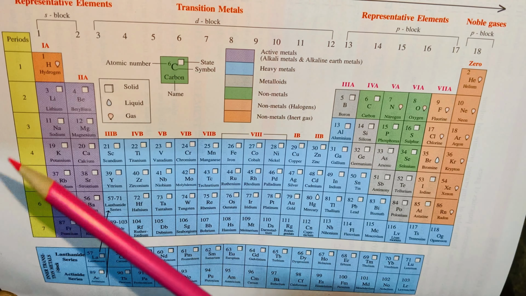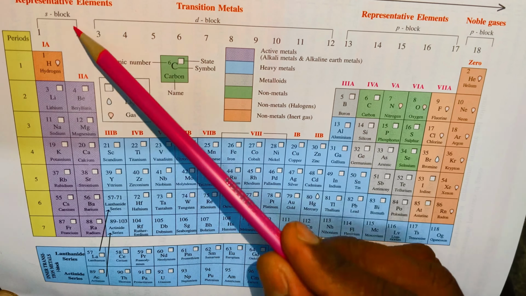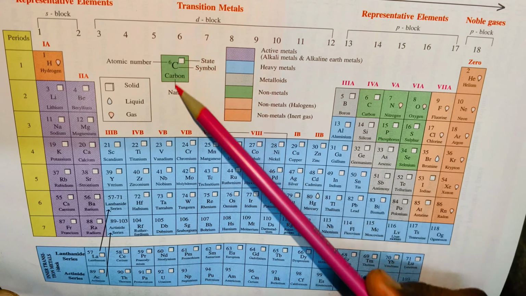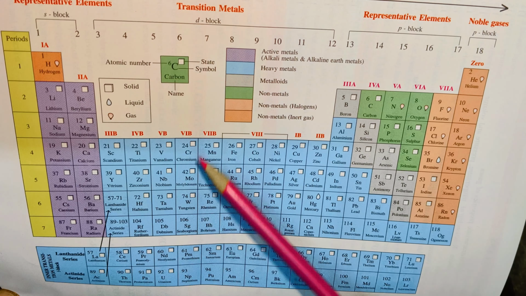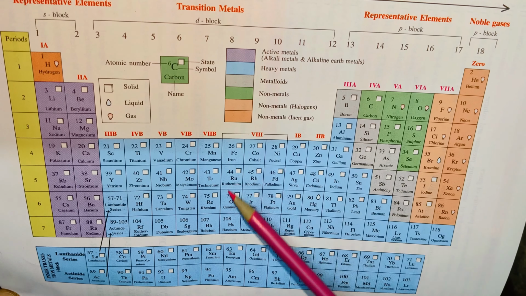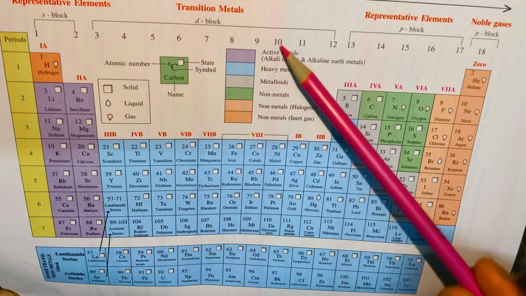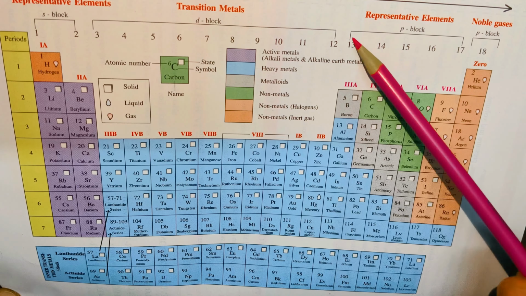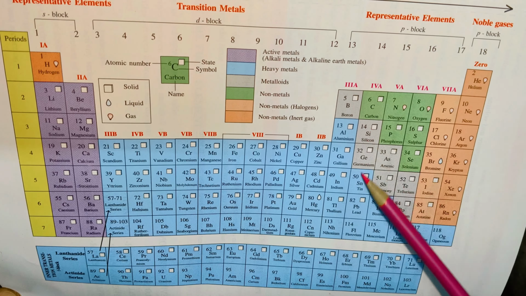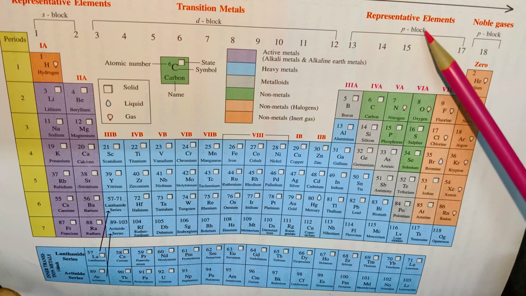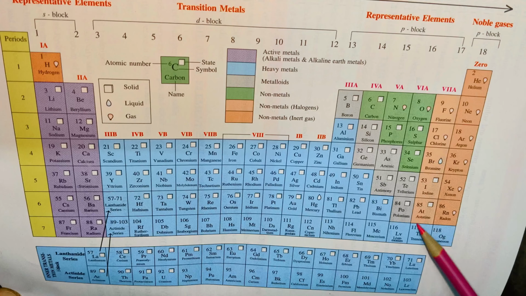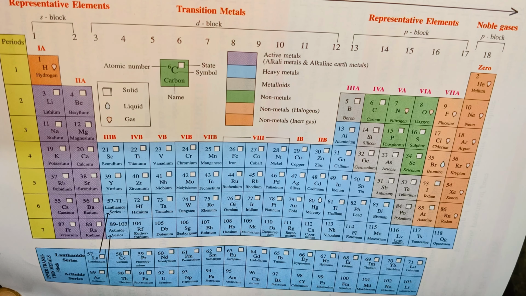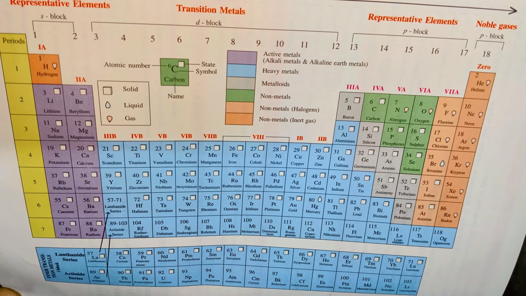And the 18 vertical columns, 1 to 18, are called groups.